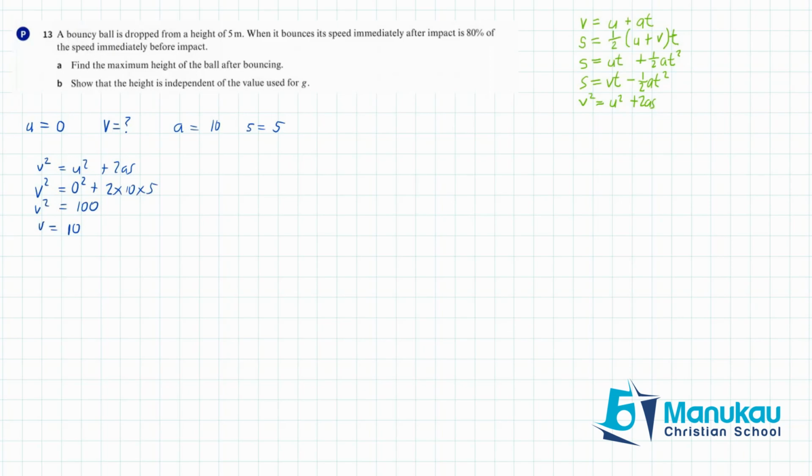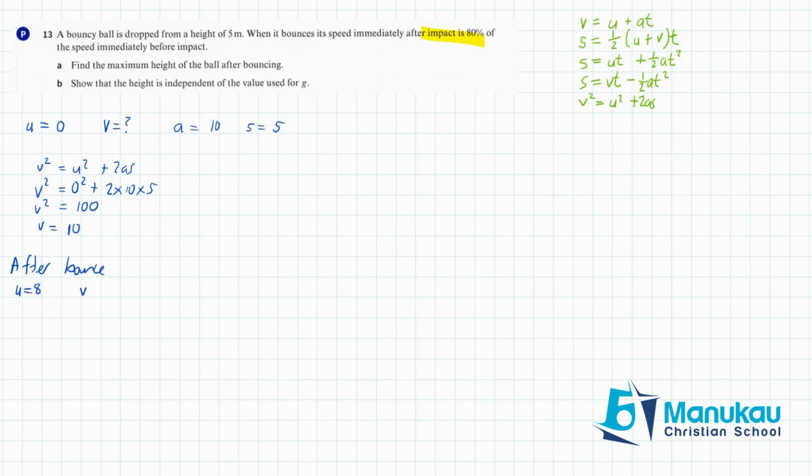Now we know that after it hits the ground, it's 80% of the speed. Okay, so after bounce, what do we know? We know that we've got an upwards speed which is going to be 8, 80% of 10, right? We want to find out the maximum height.